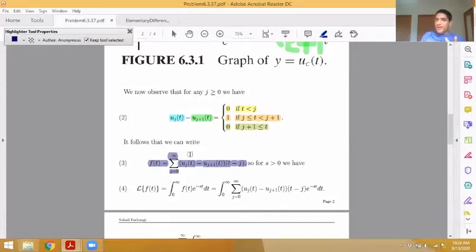And on that step, we have the value t minus j. And then off of that step, t minus j is irrelevant. And then we add this up for every j. So let's examine this equation 3 in some more detail, because this is a pretty important part of the problem.